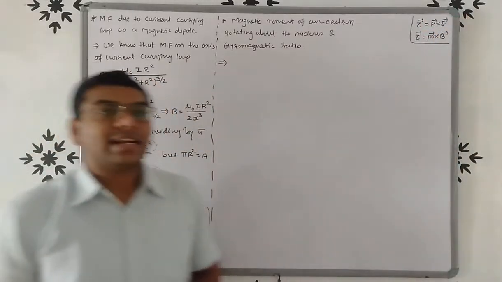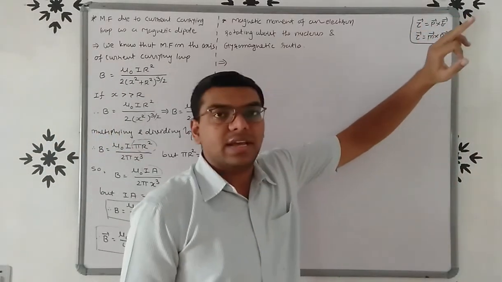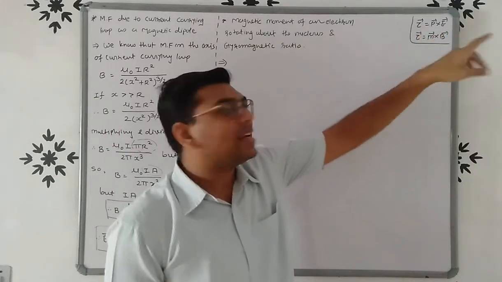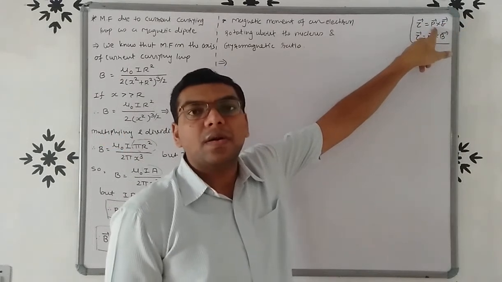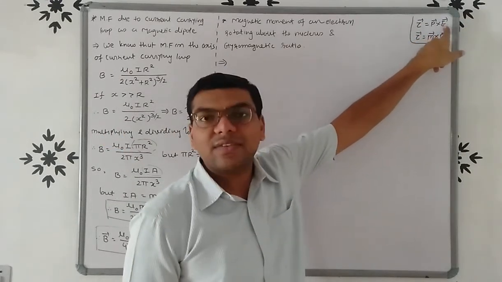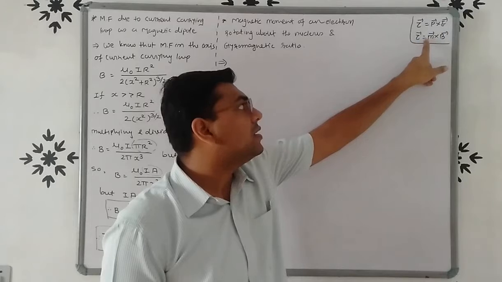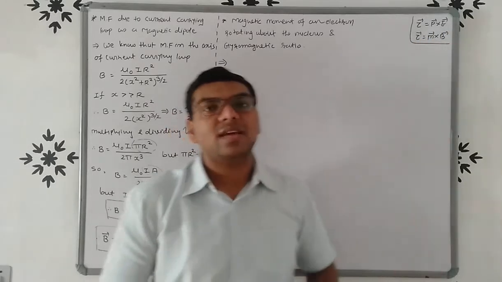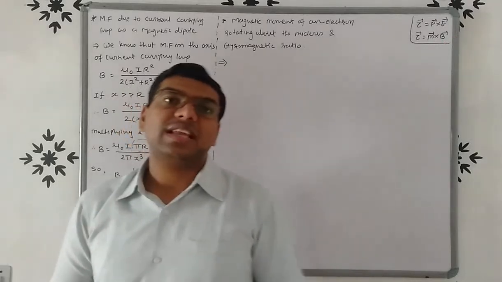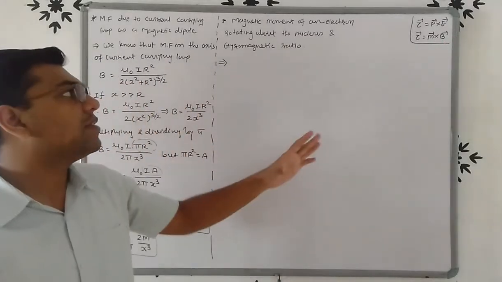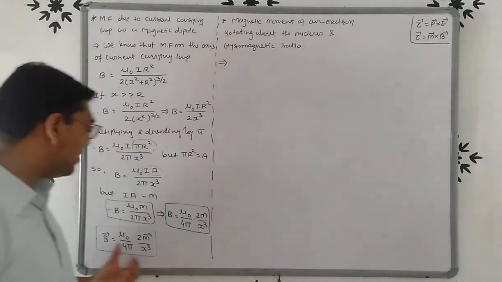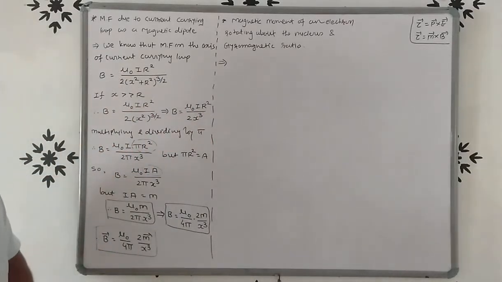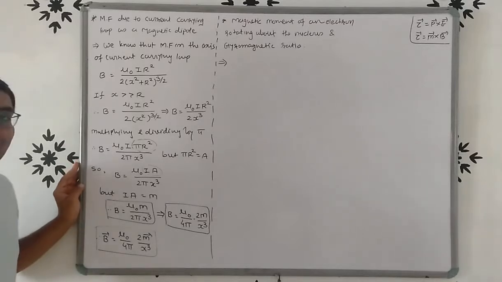In the electric field, P is the electric dipole moment and E is the electric field, and for the magnetic field, tau is equal to M cross B, where M is the magnetic moment and B is the magnetic field, right? So there is a similarity in the equation of torque and in the equation of magnetic field. So you have to remember these equations.